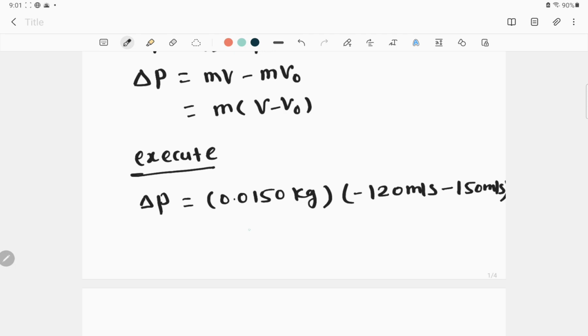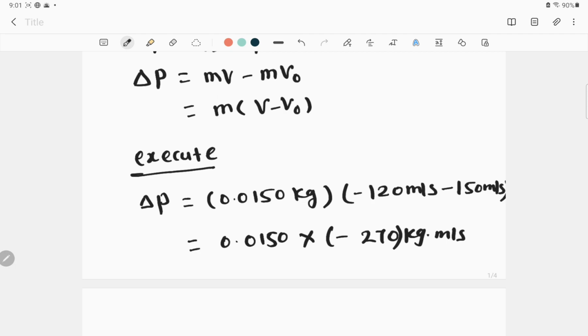Okay, so if I solve this, if I add these, I will get 0.0150 multiplied by negative 270, right? If I add these two, 2 and 5 is 7, 1 and 2 is 2, in kg meter per second.